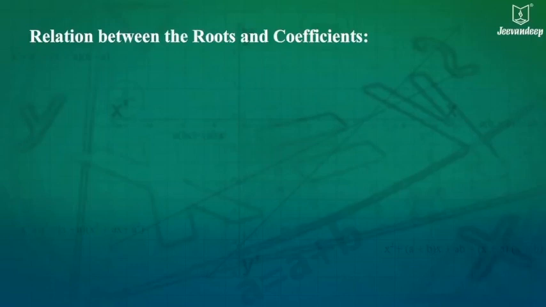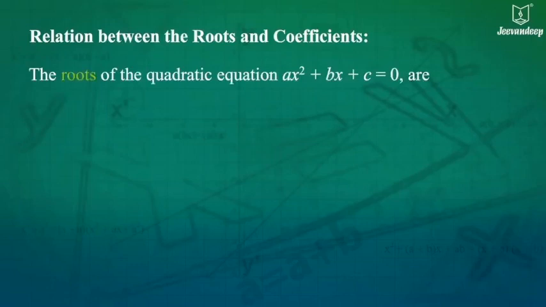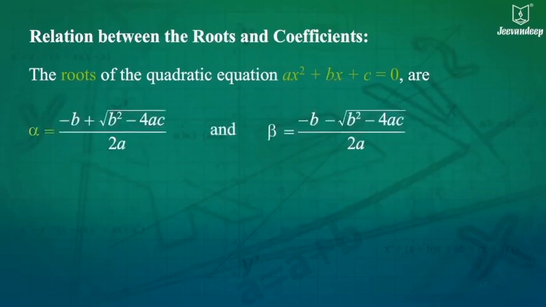Relation between the roots and coefficients. The roots of the quadratic equation ax² + bx + c = 0 are alpha = (-b + √(b² - 4ac))/2a and beta = (-b - √(b² - 4ac))/2a.